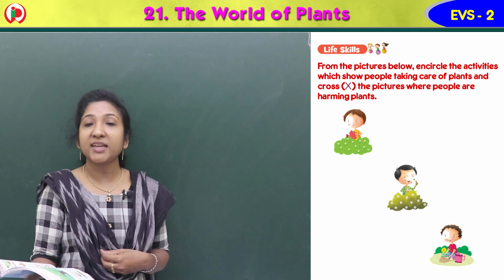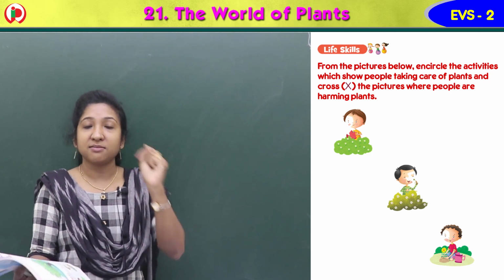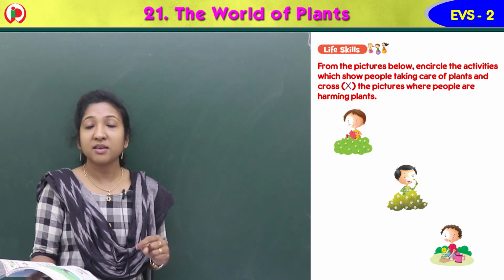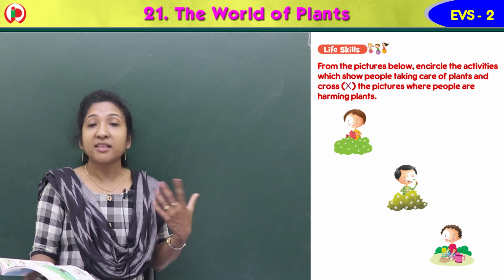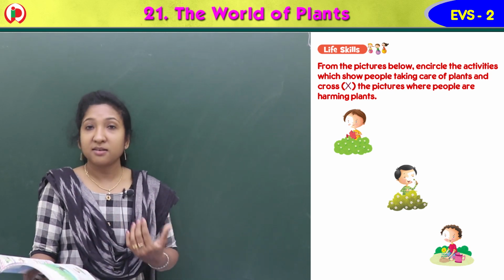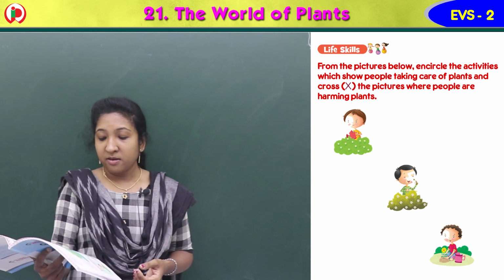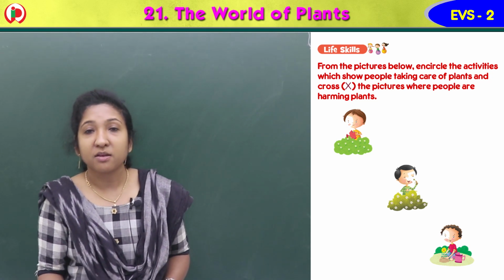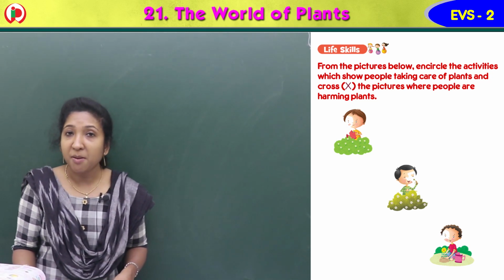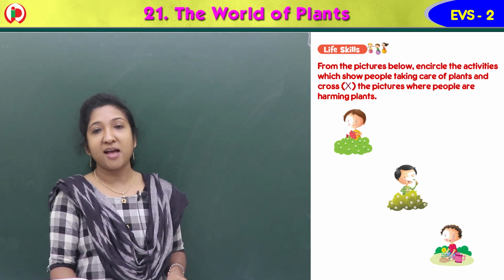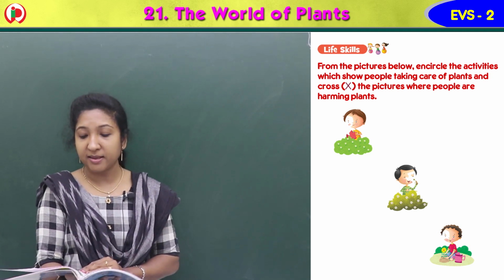It's a good activity, so you can circle it. He's taking care of the plant. That's why he's planting it, isn't it? Yes. So the third image you can circle. So children, we should never harm plants. We should take care of plants, and we should protect the plants.